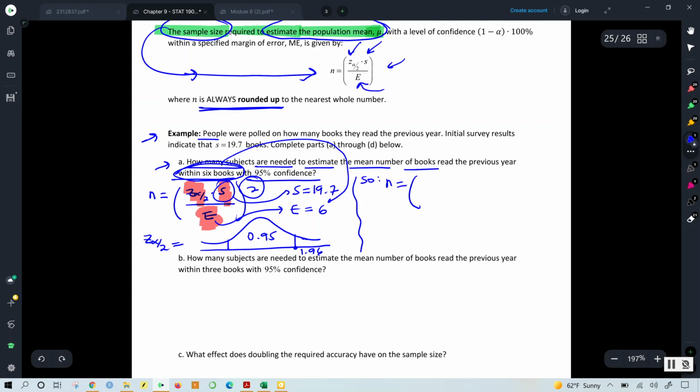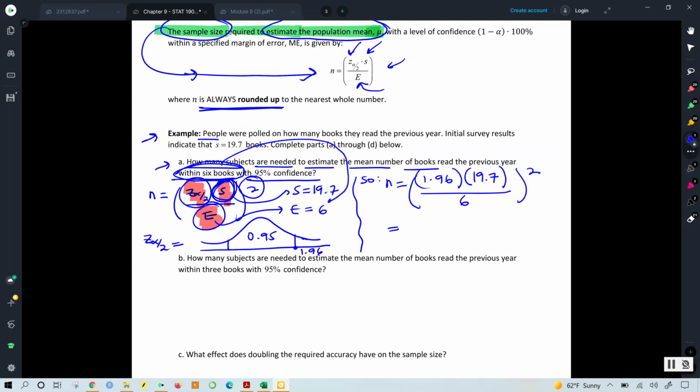So n is equal to 1.96, which is our z, then S is 19.7, and our E is 6, all squared. This will be approximately 41.41351511. So rounding up, that'll be approximately 42 subjects.